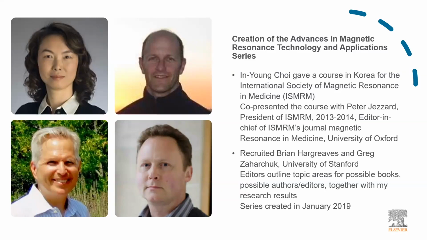This series got underway in 2019, and we published the first book in 2020. We now have about 10 books published so far, with another few underway. So this is just an example of how we network with people in the community of the areas that we're publishing in. Next slide, please.